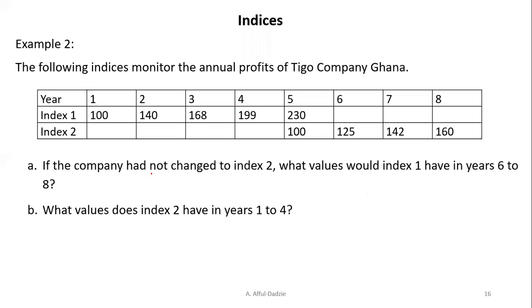It says, if the company had not changed to index 2, what values would index 1 have in years 6 to 8?